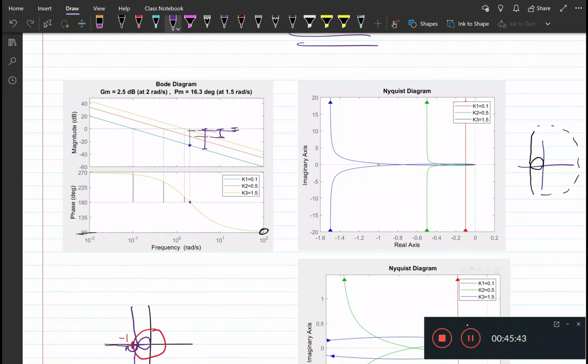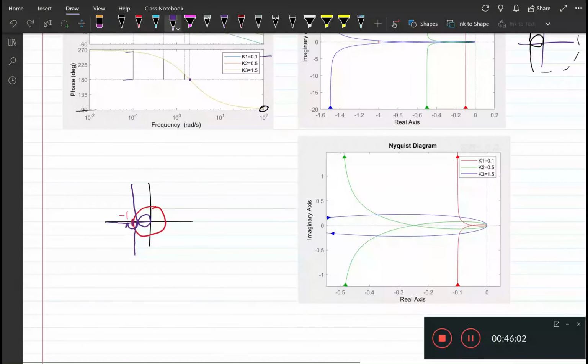You look at the intersection of the Bode plot with the 0 dB line and look at this curve. So we have the highest phase margin for 0.1 because this is where it intersects. We have a lower phase margin for 0.5 and even lower for 1.5.